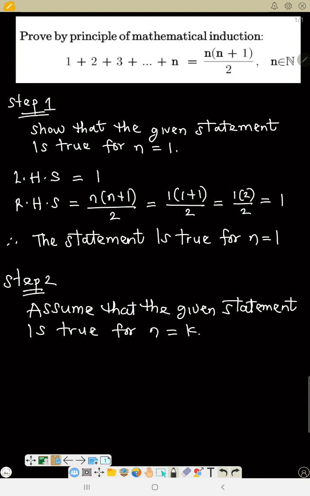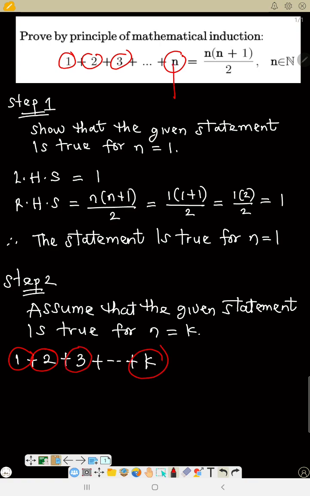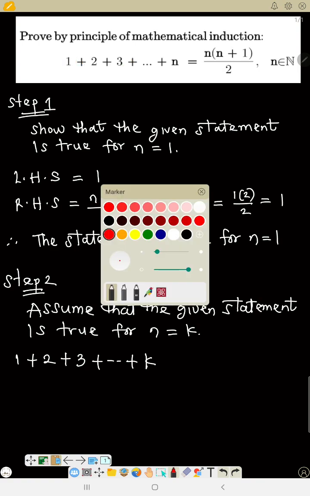So for n equals k, I have 1 plus 2 plus 3 plus up to k. Remember, in the question you have 1 plus 2 plus 3 up to n. But now I'm proving that it is true for n equals to k. So that will be 1 plus 2 plus 3 then plus k instead of plus n here. So I'll write plus k because I'm proving that it's true for n is equal to k.